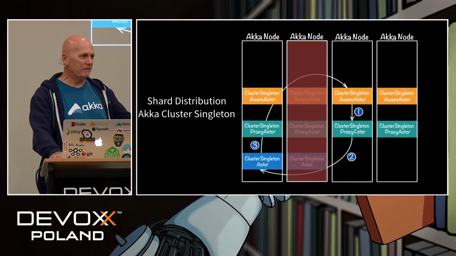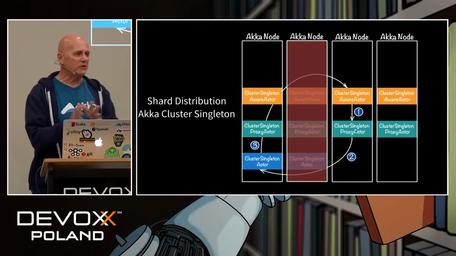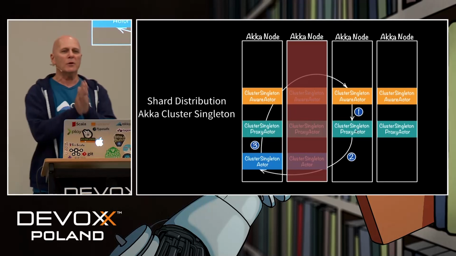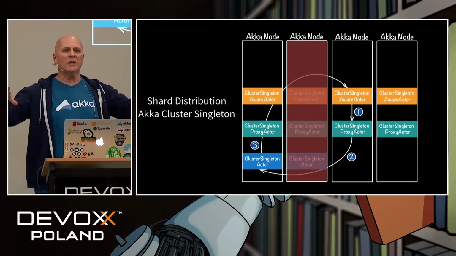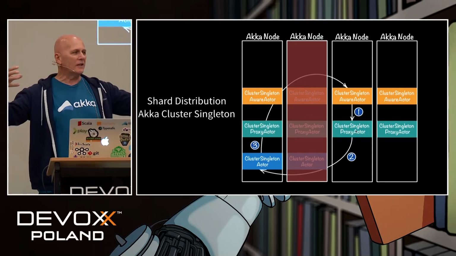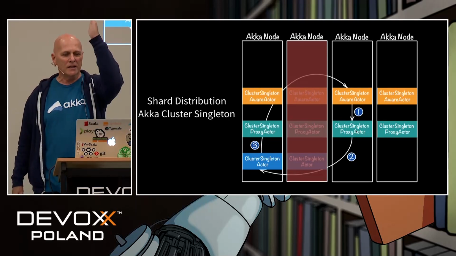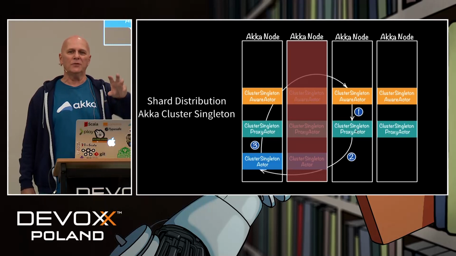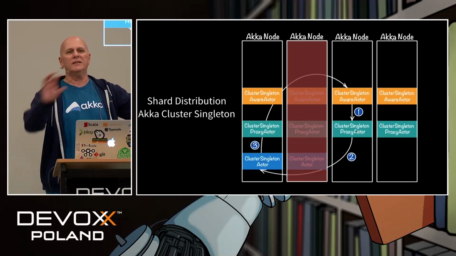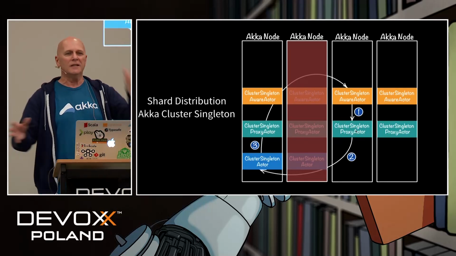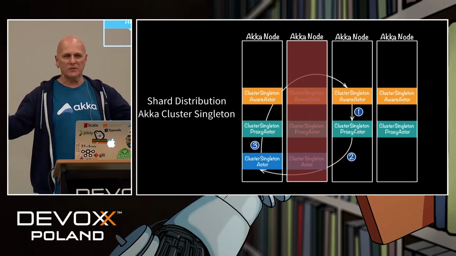But to answer your question real quick, the idea is that with a network partition, nodes are up, but some nodes can't talk to each other. Say we had a split right down the middle. The network broke between two data centers. Two of the nodes on the left are in one data center, two of the nodes on the right are in another data center. The network breaks between those two data centers.